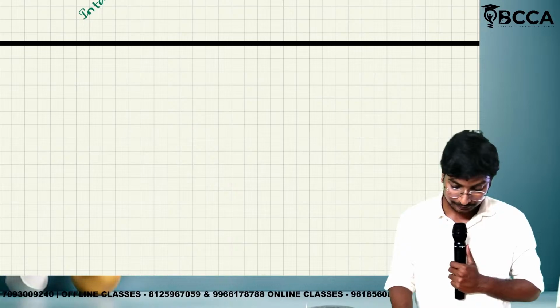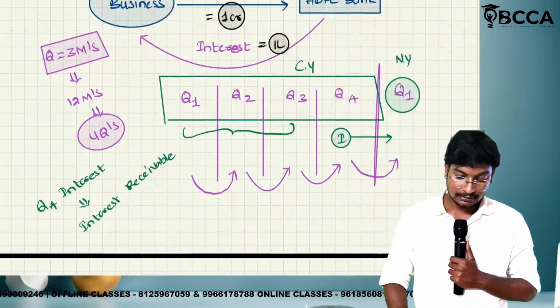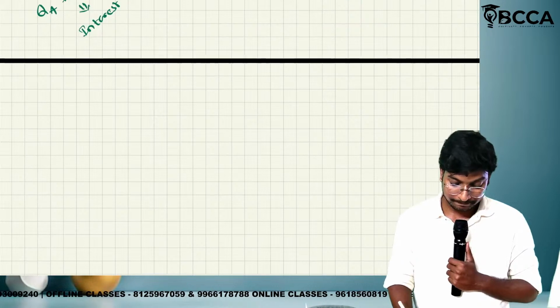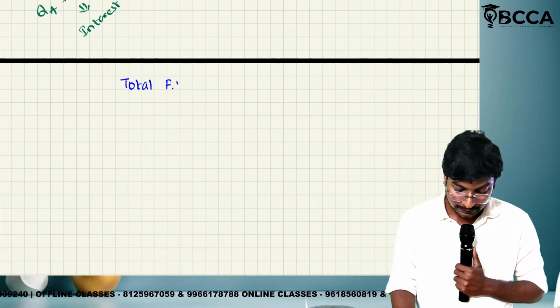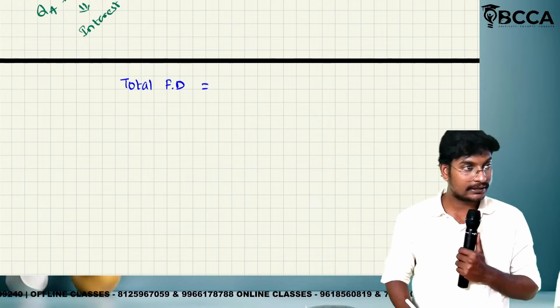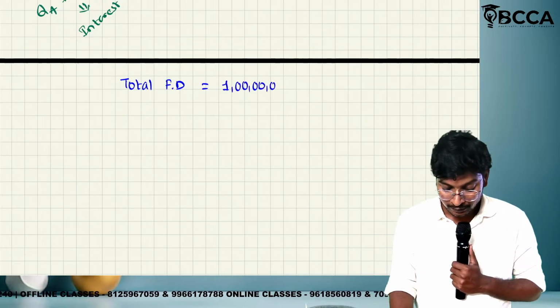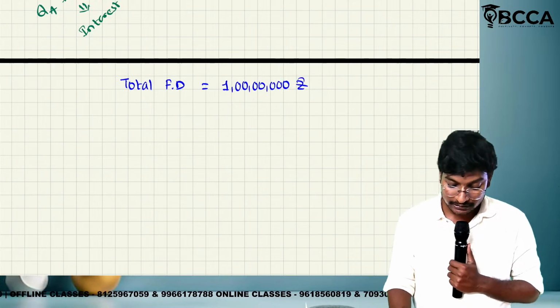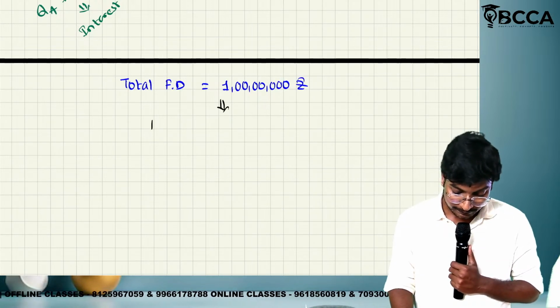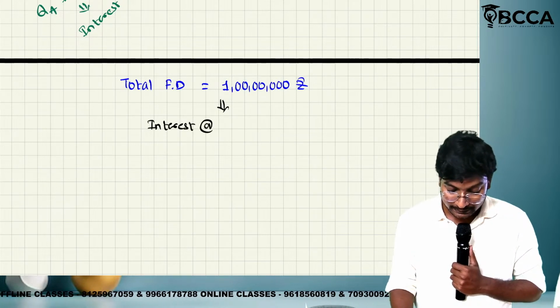So what is the conclusion? Total FD, fixed deposit, is 1 crore rupees. On that we get interest at the rate of 1% per annum.